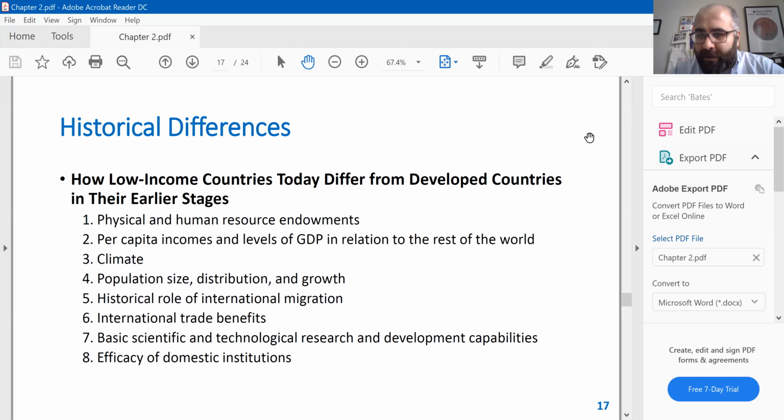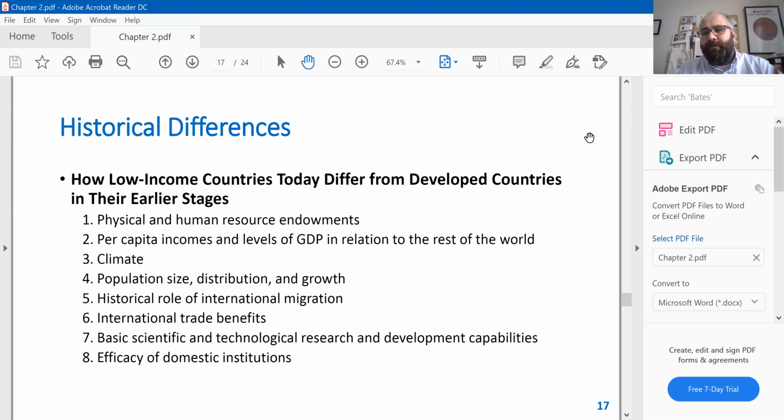But some of it is deliberate choices of people who search for better lives, for employment, for higher incomes, for better standards of living for themselves and for their kids. So historically, there are differences. We see much more mobility from low-income to high-income economies.